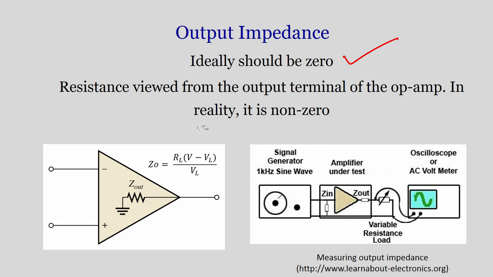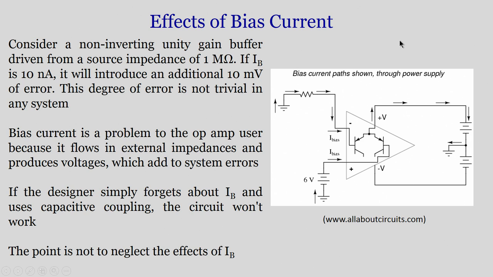Now, let us go to the next slide, which is the effect of bias current. We have already seen what the bias current is and how it can be used, right. Again, this circuit is taken from allaboutcircuits.com.